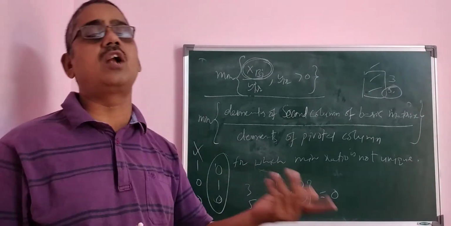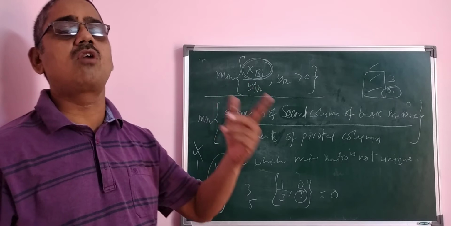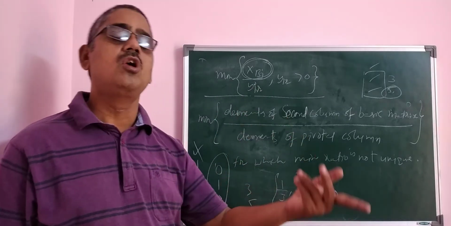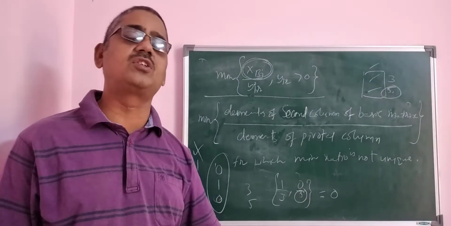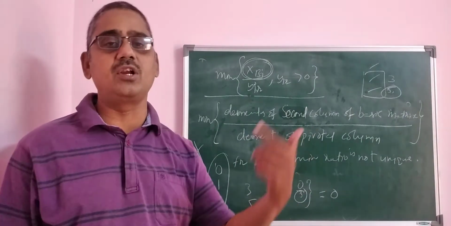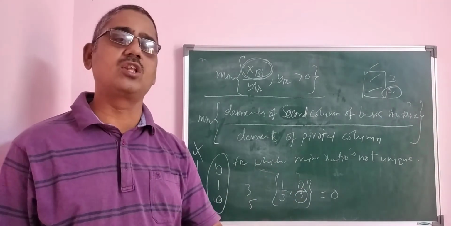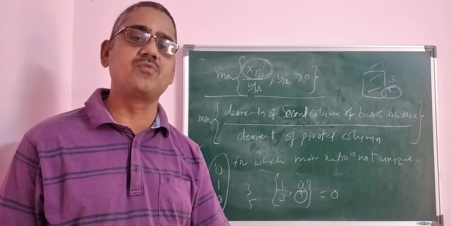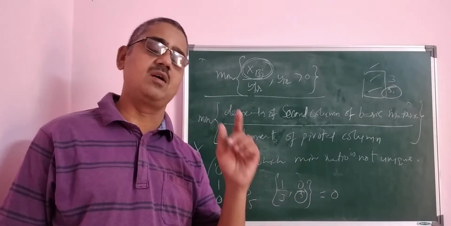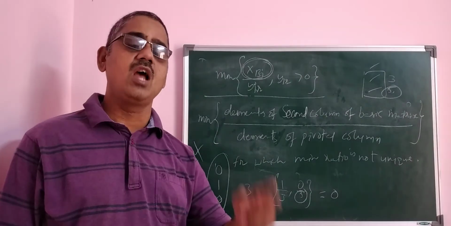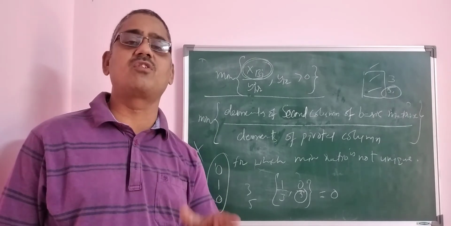After resolving degeneracy, you take the original simplex table and continue the simplex procedure until you get an optimum solution or an unbounded solution. So this is the procedure and the definition of degeneracy, and the method of resolving it.